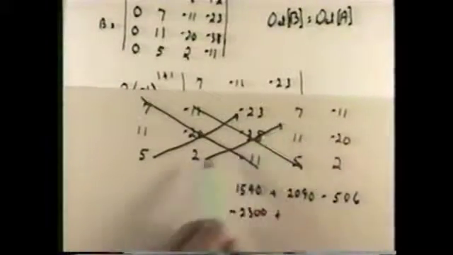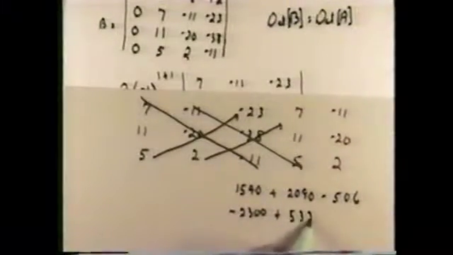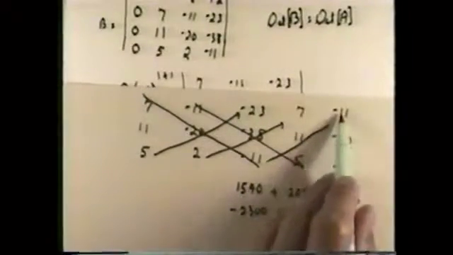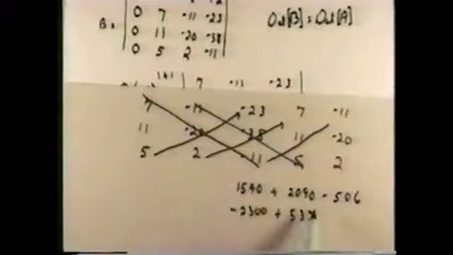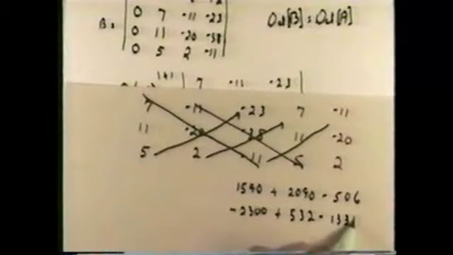And 2 times 38 times 7 is 532. And then negative times negative is positive, but reversing the sign, it's going to be a minus. And 11 times 11 times 11 is 1331.